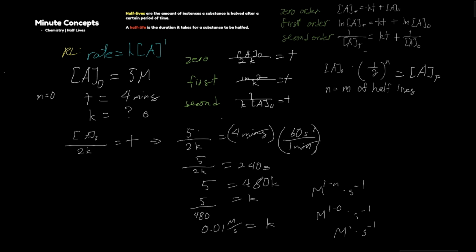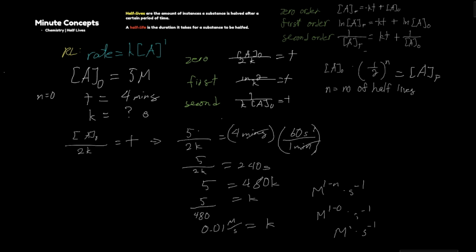So again, to quickly recap, half-lives are the number of times that a substance was halved, while a half-life is how long it takes for a substance to be half of its original amount. And every substance has a half-life. There are 3 main half-life rate laws derived from the original integrated rate laws by substituting the initial concentration divided by 2 for the term of final concentration.